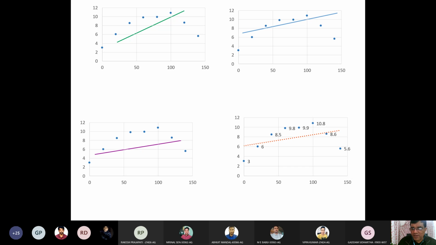So it is better to square and then make the total of these squares for all points. That will be the total sum of squares. And the line which is giving the lowest value of the total sum of squares is the best fit.